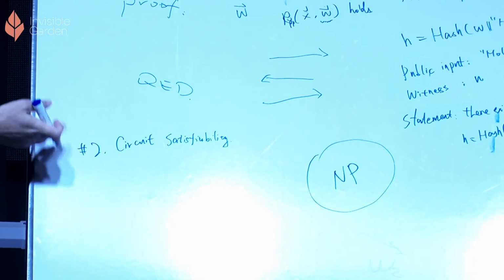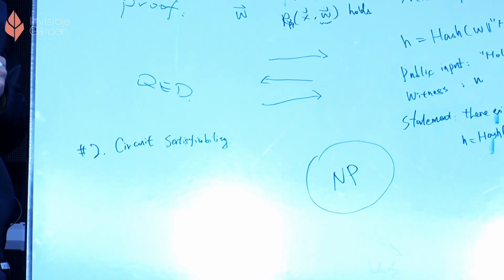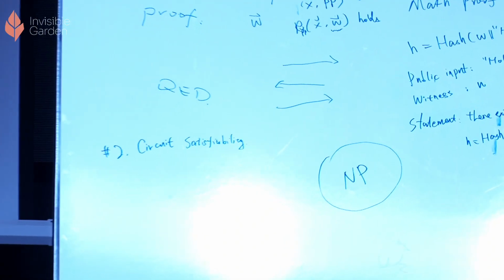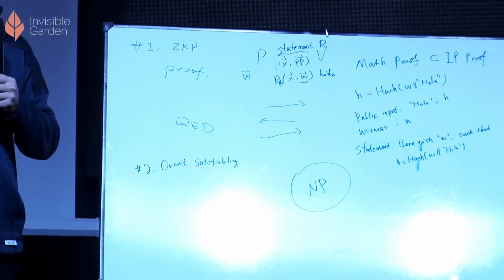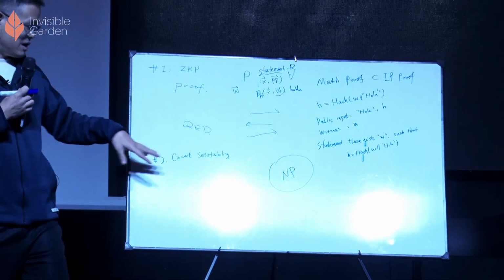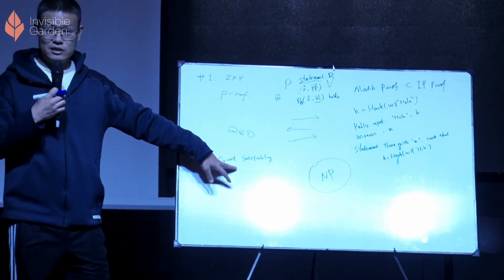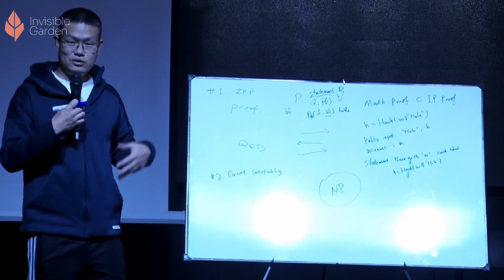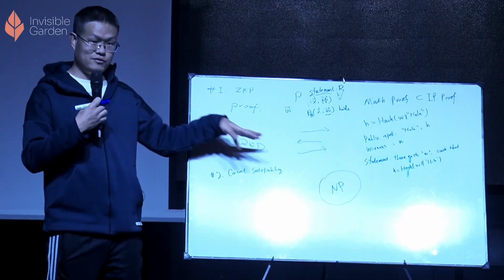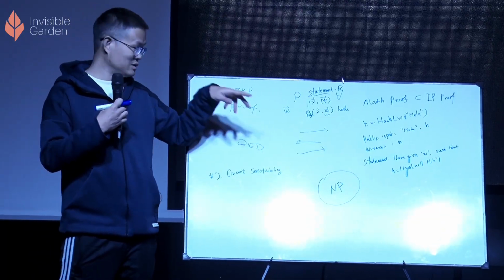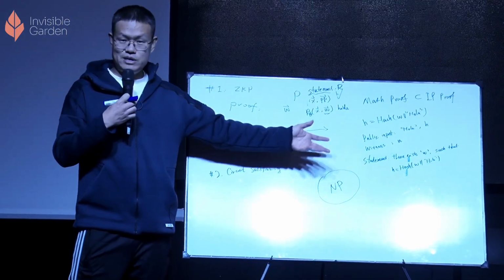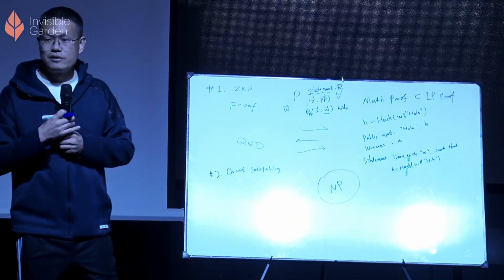If we want to prove something, and the problem can be modeled by an arithmetic circuit, then we can reduce the proving to something that can be proved by general proofs.